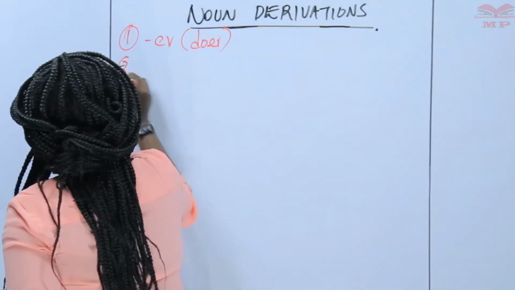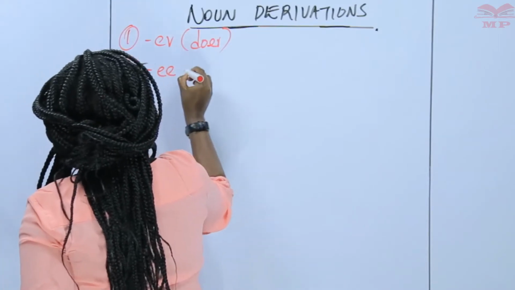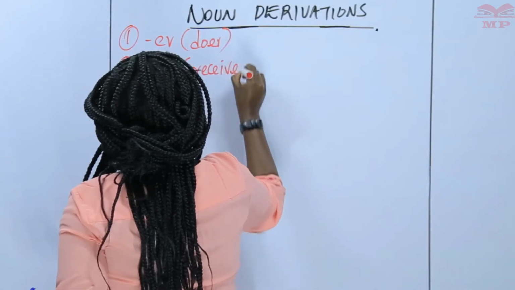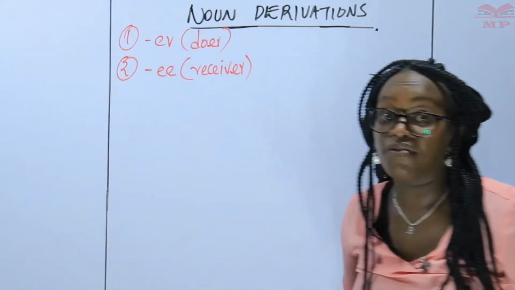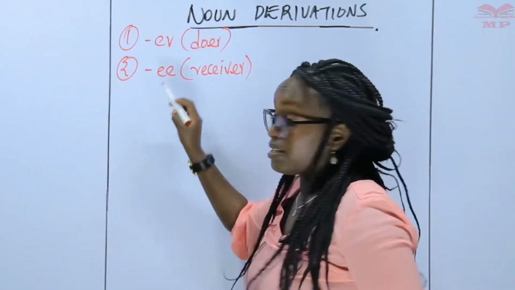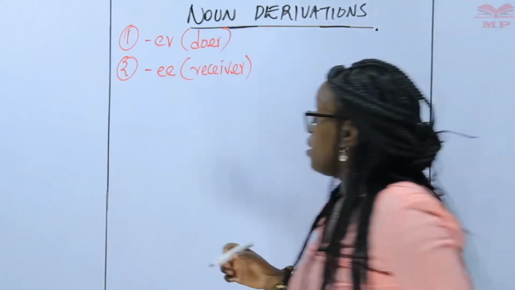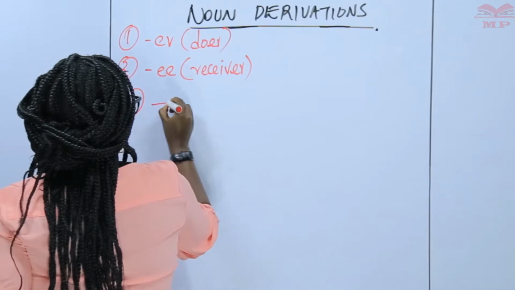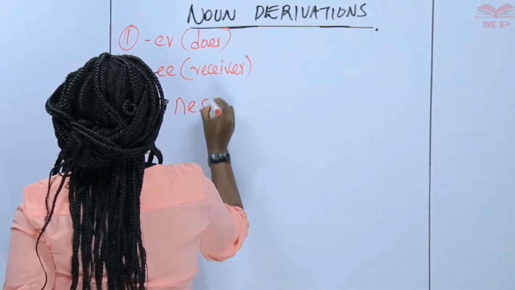Then we talked about a second suffix, which is e, and we said that this denotes the receiver of the action that the noun is formed from. Now we will proceed to the third one, which is ness.